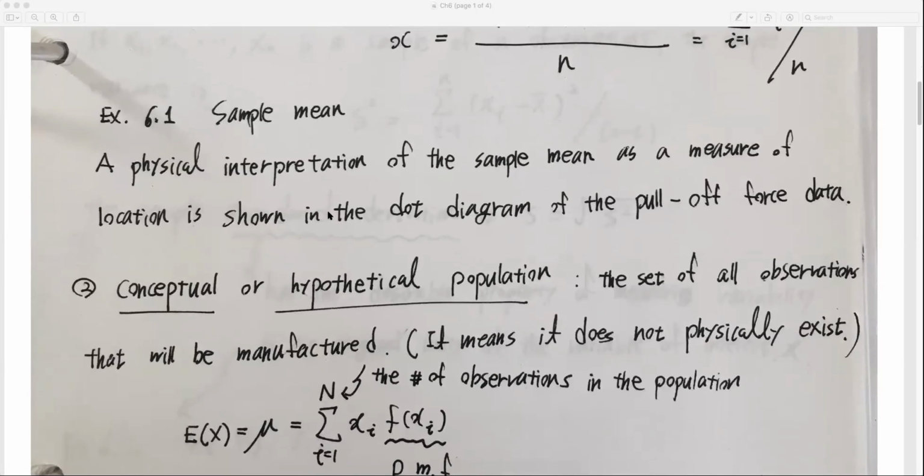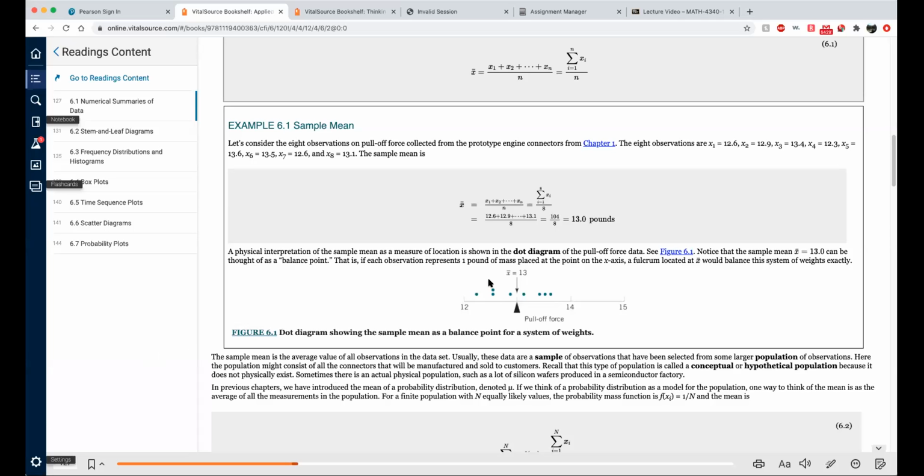Give me a second, I think we have to look at the figure in example 6.1 in the textbook.